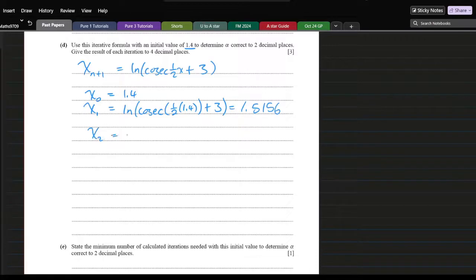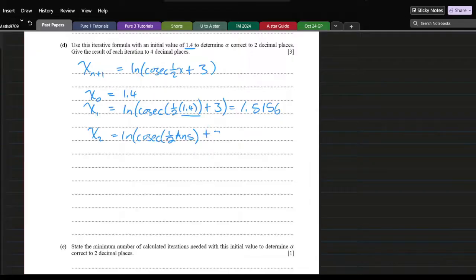Our second iteration is ln cosec, that's half, and I want you to replace the 1.4 in your calculator with the ans, that's the answer button on your calculator. It's usually written ans, and you should find it next to your equal sign button.